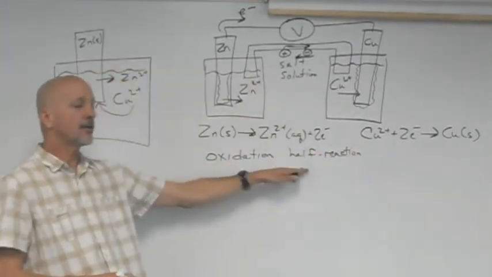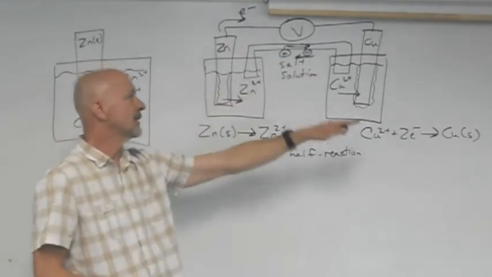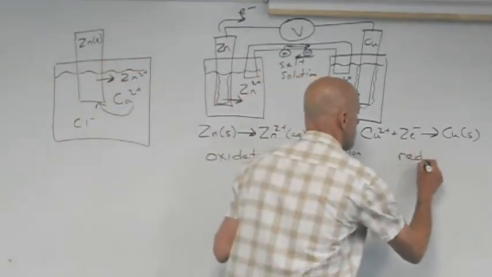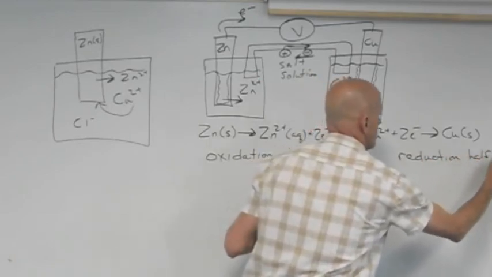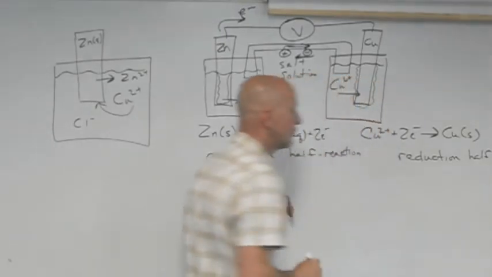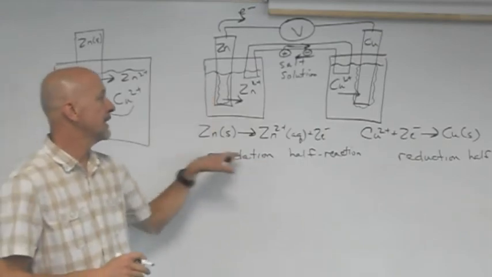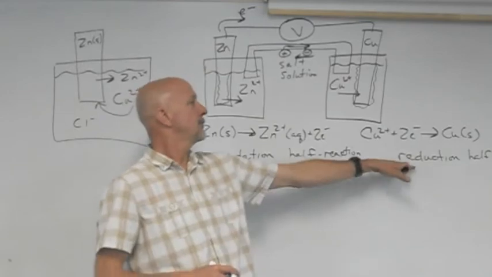If something's getting oxidized, something else has to be reduced. The other half of the reaction is in this cell. This is called the reduction half reaction. So oxidation here, this is the half reaction for reduction.